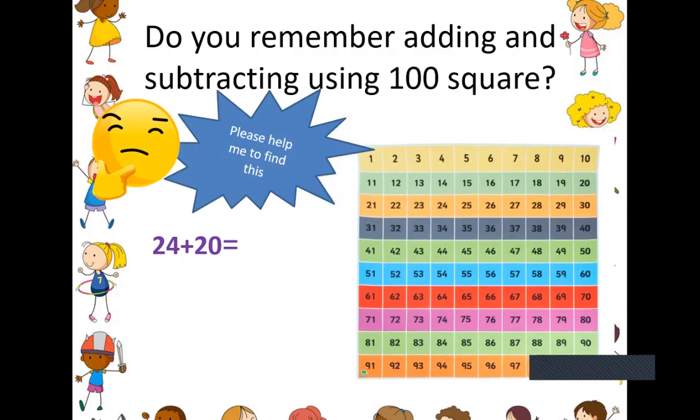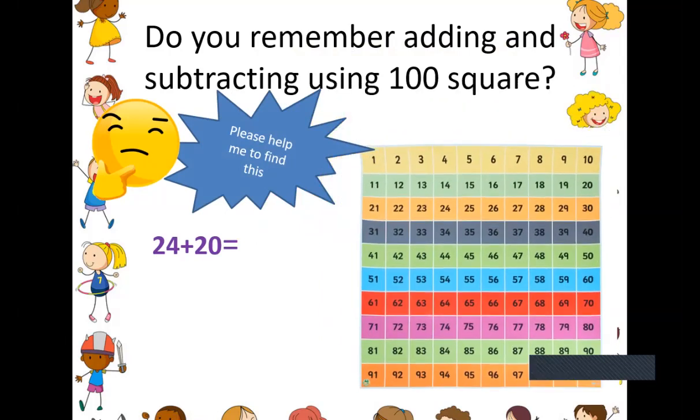I have to add the numbers 24 and 20. How will you add these numbers using the number square? We have to add 20 to 24. So after 24, you have to count 20 numbers forward, and you will get the answer.